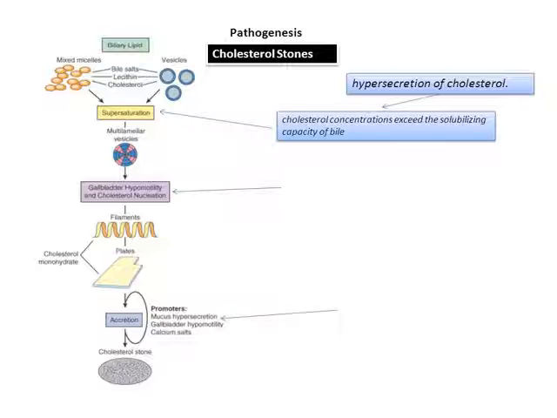You see here the formation of the cholesterol stone is shown. Cholesterol concentration exceeds the solubilizing capacity of the bile. Ultimately formation of nidus and nucleation of the cholesterol crystal causes the formation of cholesterol stone.